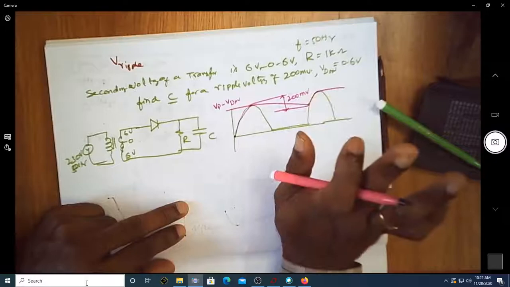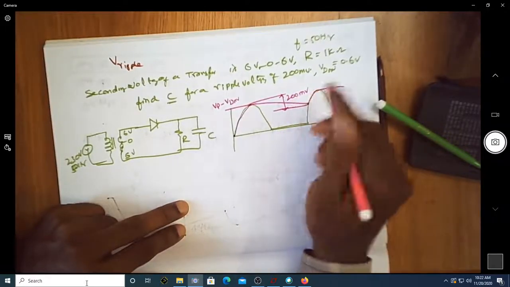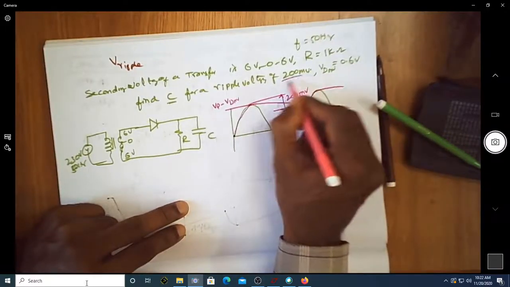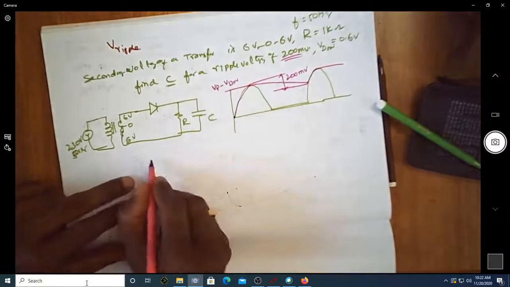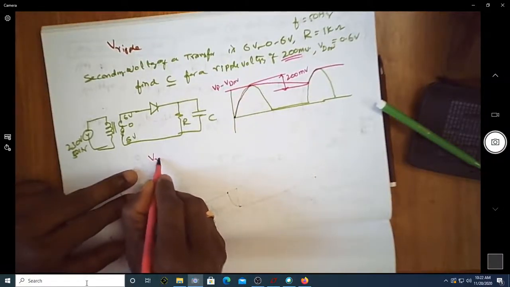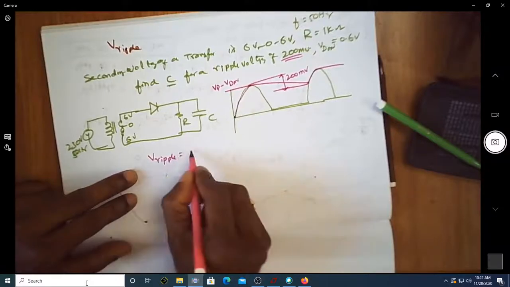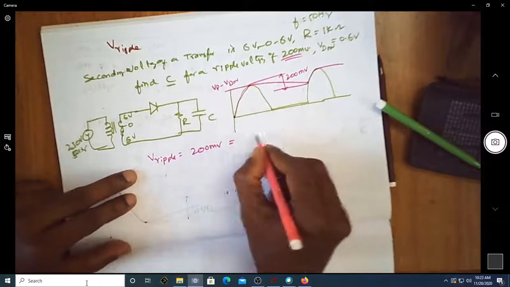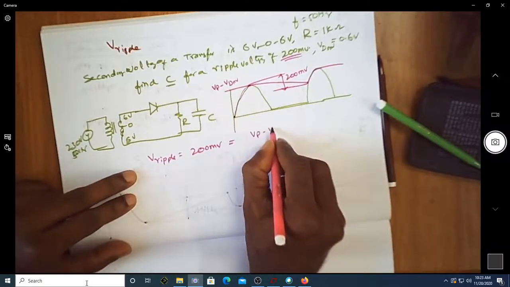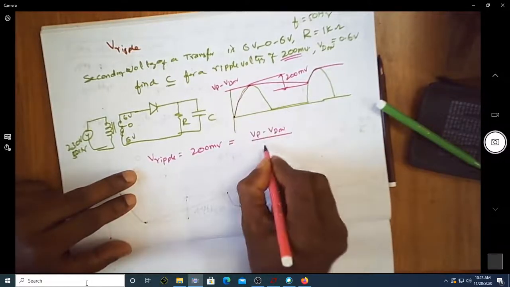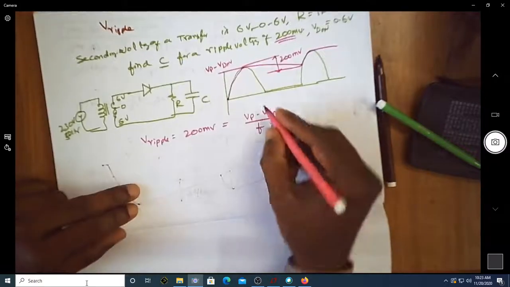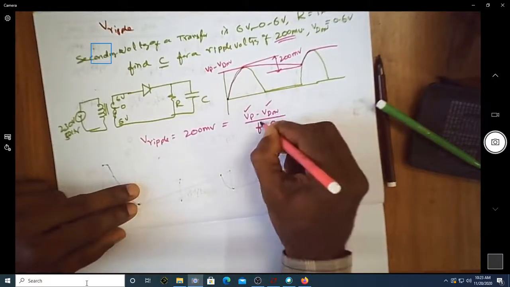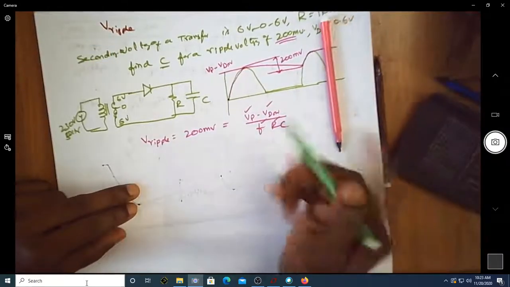You are asked to find the value of C which results in hardly 200 millivolt. So we have the expression V ripple equal to 200 millivolt, which is expected, equal to (Vp minus Vd on) by FRC. We know all of these; this is the only parameter that needs to be found.